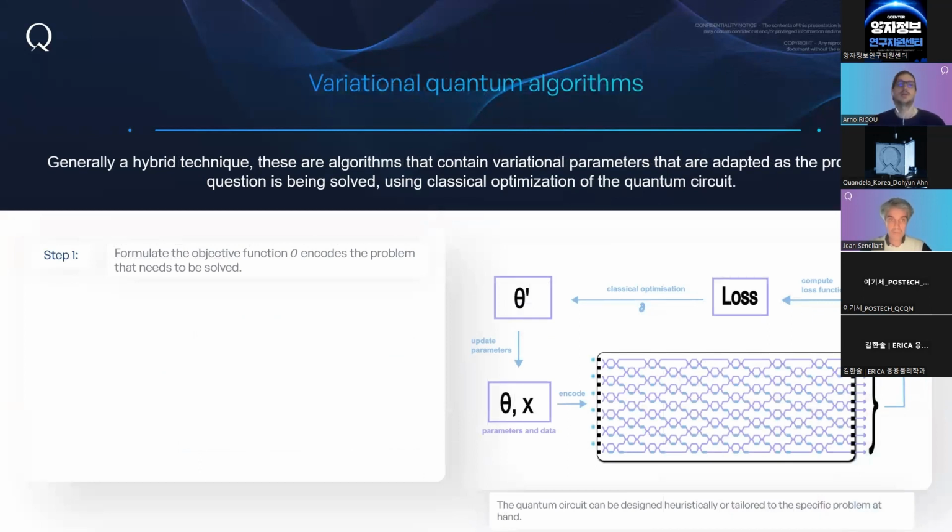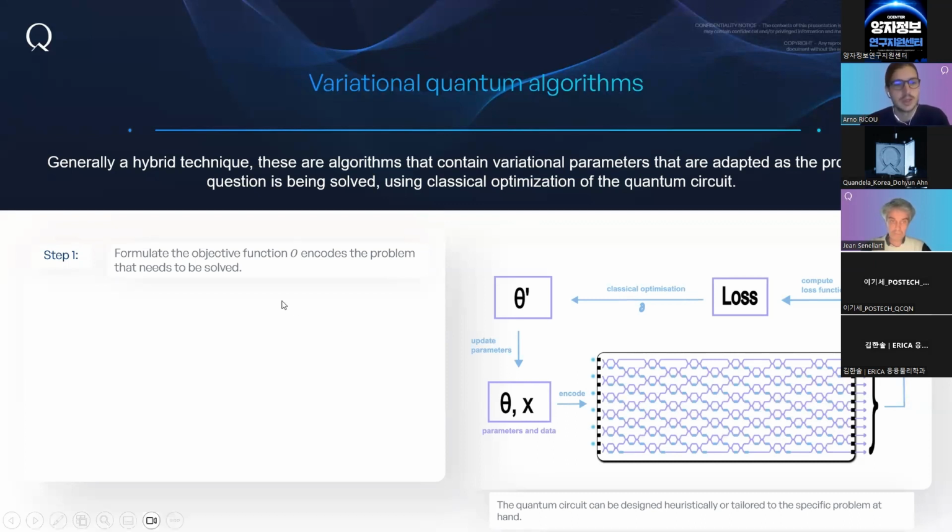Another class of NISQ algorithm are variational quantum algorithms. That's one of the most promising approaches to prove a practical quantum advantage in the NISQ era. They're generally a hybrid technique with a bunch of variational parameters that are adapted to the problem being solved, and use classical optimization to solve the quantum circuit.